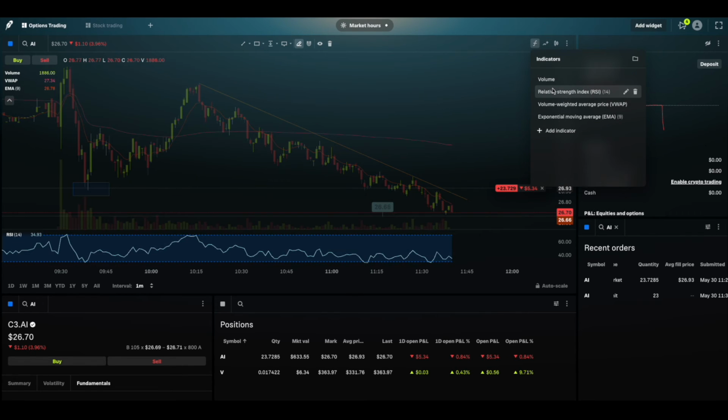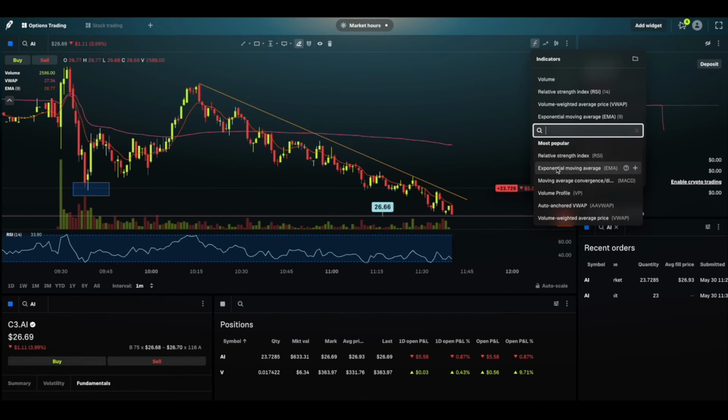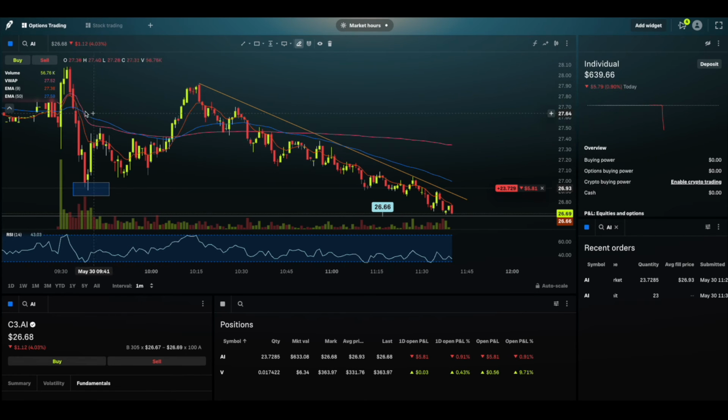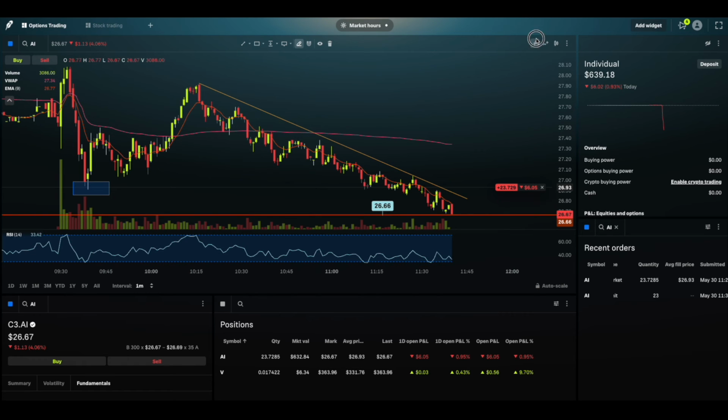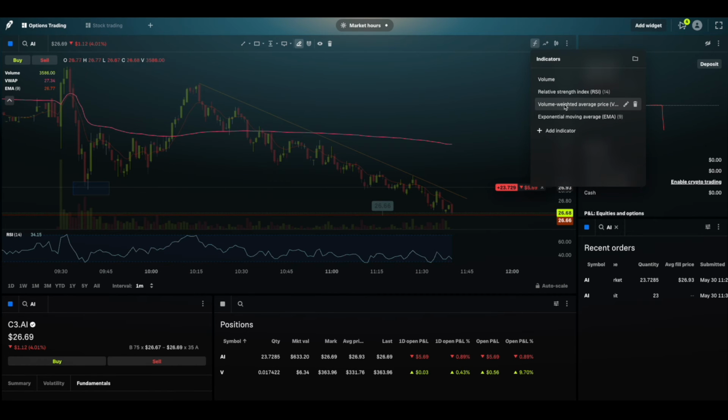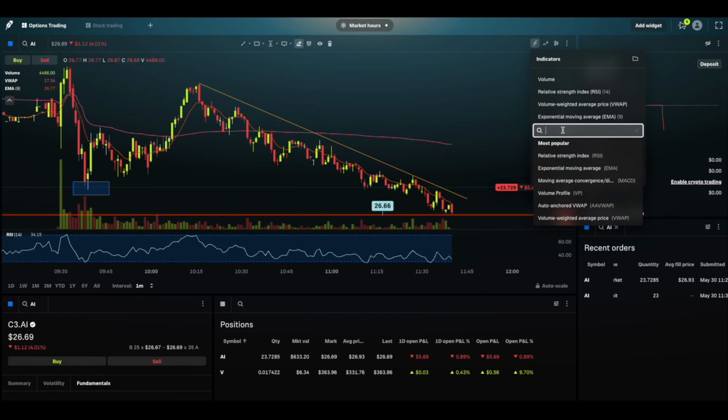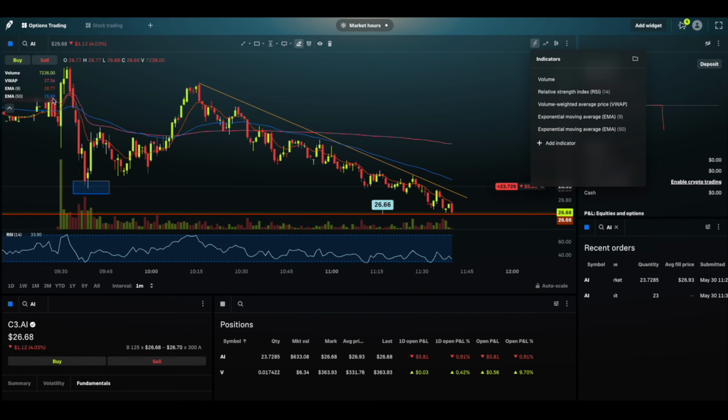Now let's see if we can throw another EMA in there. And what we're going to do is change this blue one to a 21 because it's a good indicator for bearishness and for bullishness. Let's see here. So we have EMA 21.